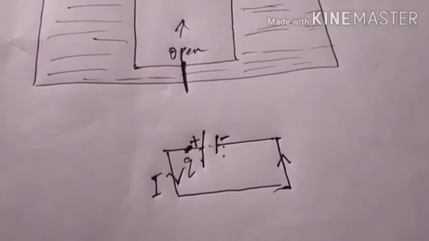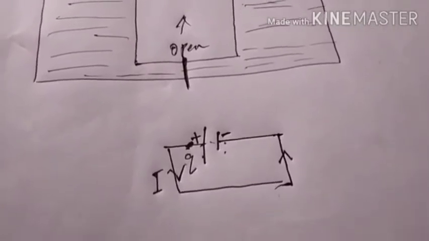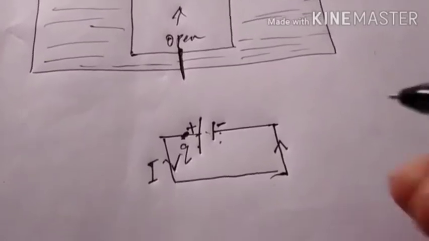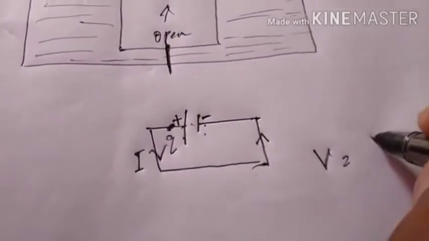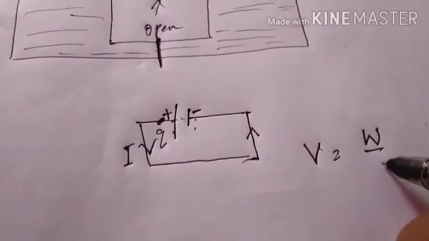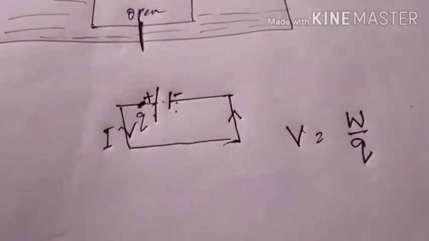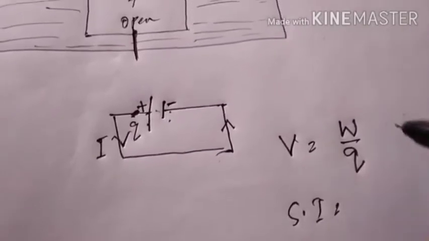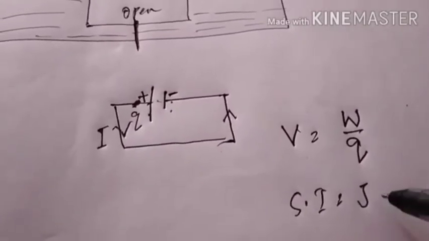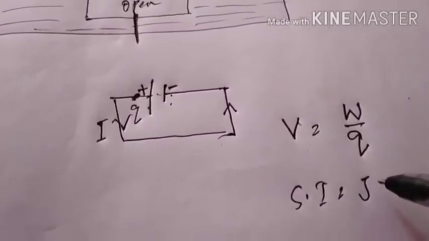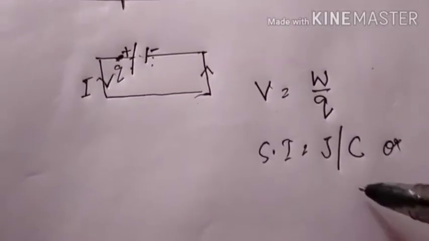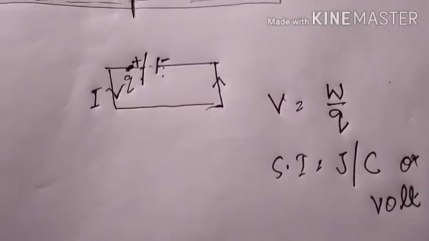That work done on a charge to move it from one point to the other, we call electric potential, which is given by electric potential equals work by charge, that is V = W/Q. The SI unit: work is joule and charge is coulomb, so it is joule per coulomb, or we write this as volt.